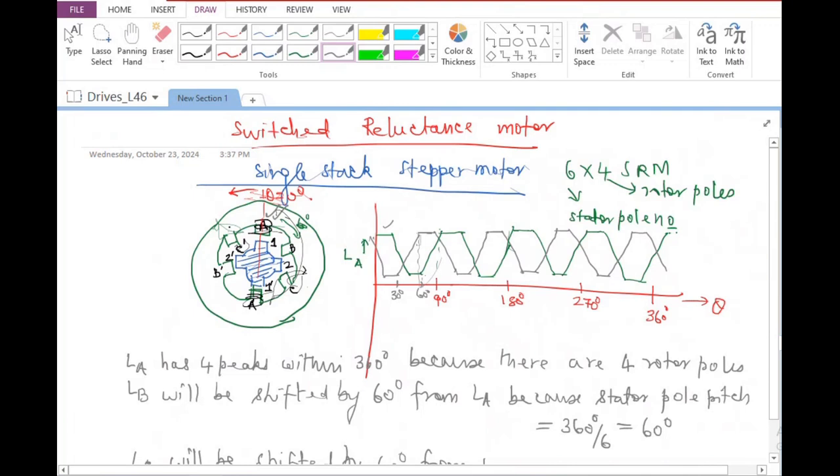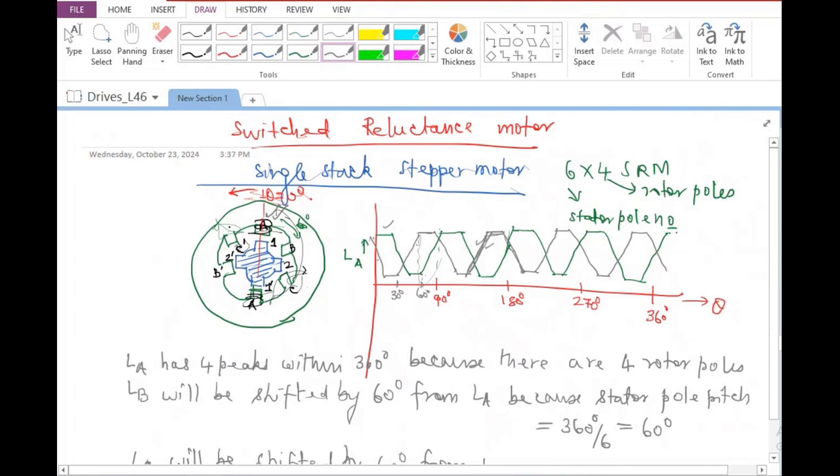That means whenever the inductance is increasing, you are going to see a development of torque. Whenever the inductance is decreasing, a negative torque will be developed. So positive torque will be developed only when the inductance is increasing.